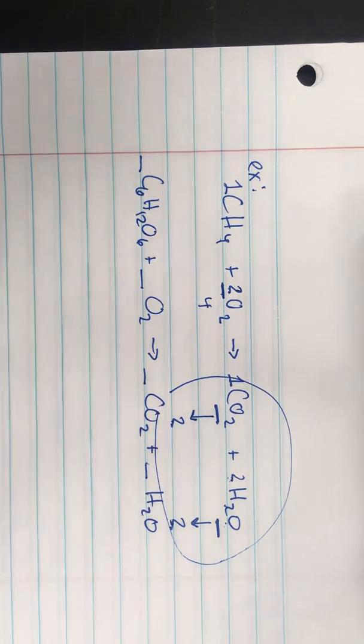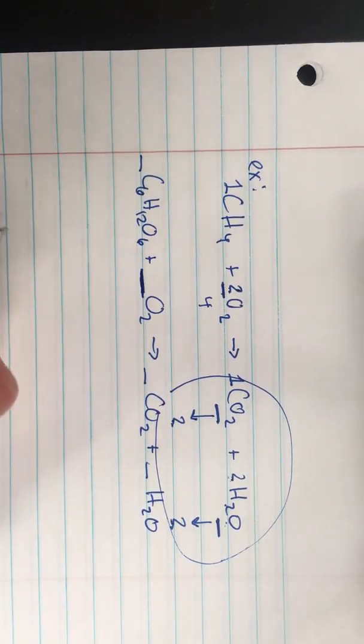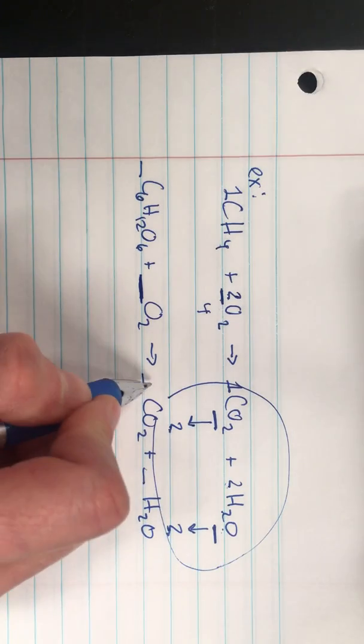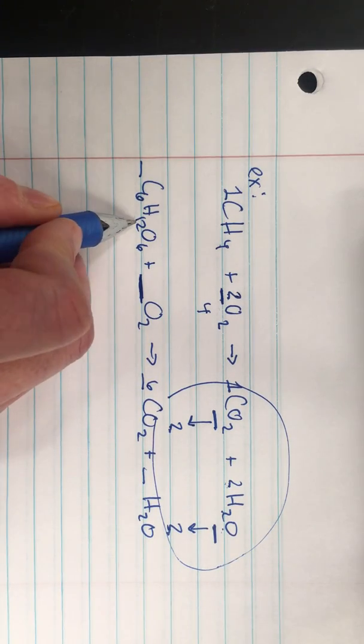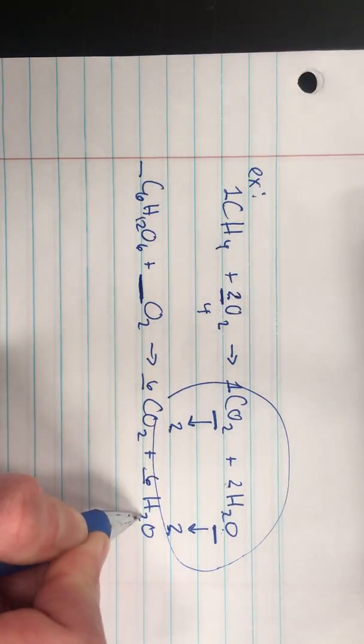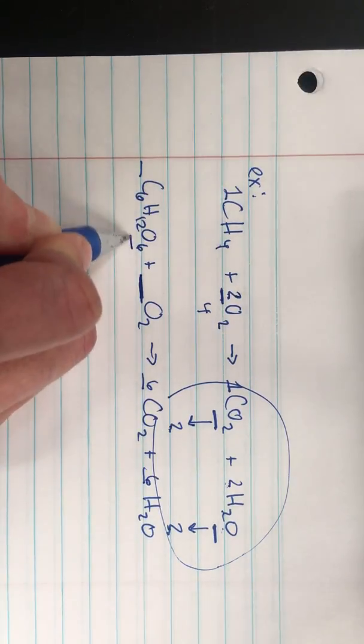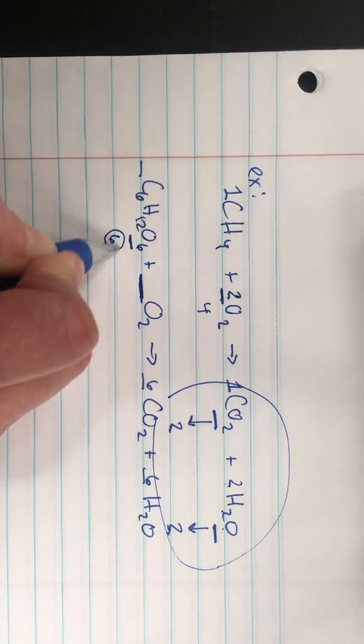Now remember I told you to always balance this oxygen last. So let's see if this works. 6 carbons, I'll make that 6. 12 hydrogens, I'll make this a 6 because 6 times 2 is 12. Now I've got 6 oxygens here, so remember that.